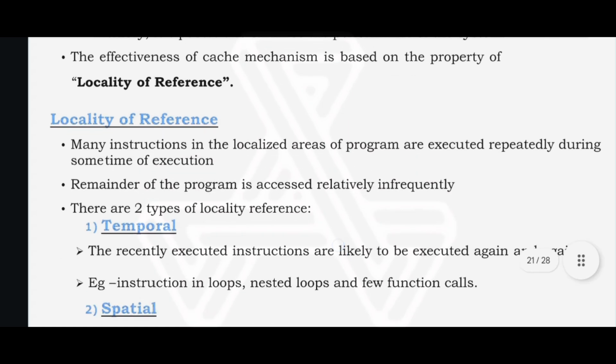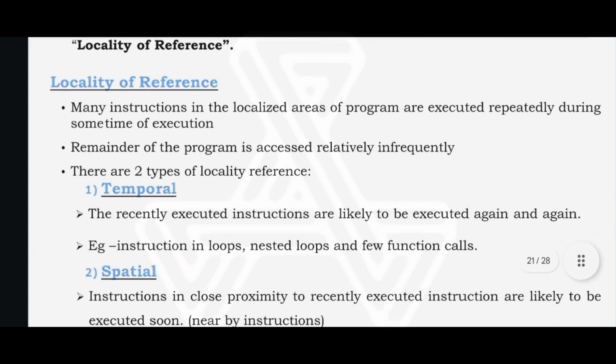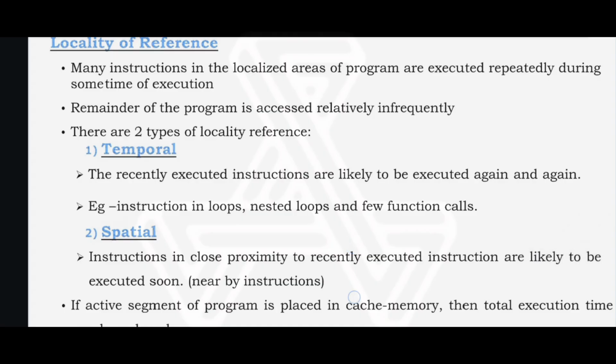Locality of reference: many instructions in the localized areas of the program are executed repeatedly during some time of execution. Remainder of the program is accessed relatively infrequently. There are two types of locality of reference. Temporal: the recently executed instructions are likely to be executed again and again.